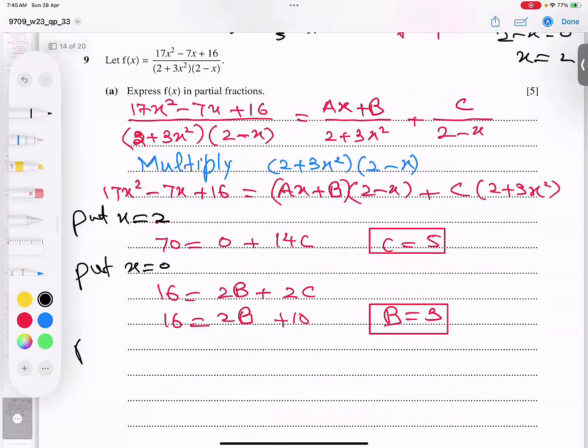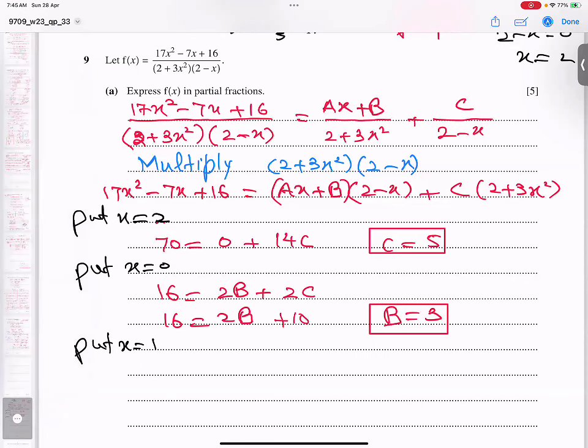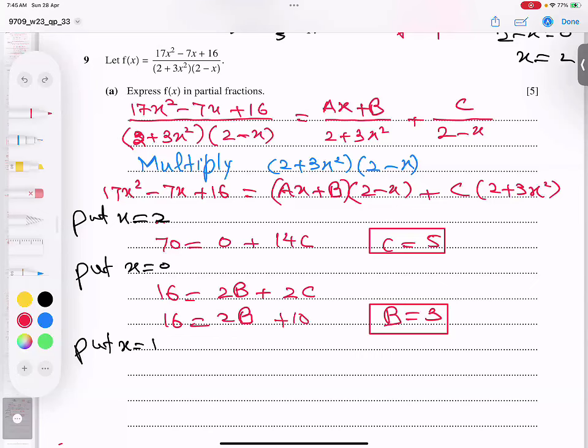Now, because one variable is left, I can plug in any number. I can put even 100 or 1000, but the ideal number to put is 1. When I plug in 1 here, let's see, 17 plus 16 and 1 is 7. Look, I repeat, I plug in 1 here, and I'm getting 26. When I plug in 1 here and here, 2 minus 1 is 1, it will eliminate, and here a plus b.